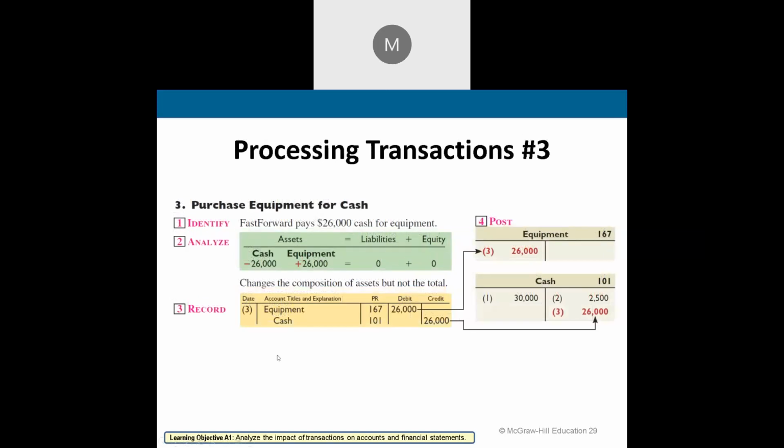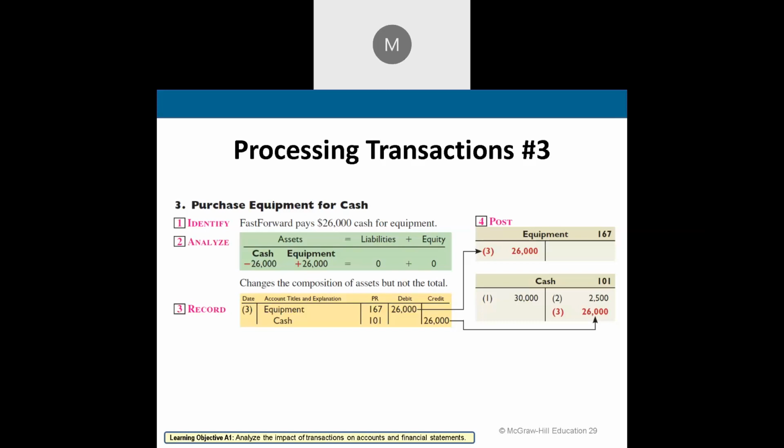Third example, equipment. The company needed to buy some equipment, so we use cash to pay for it. See the impact on the accounting equation. Cash went down, equipment went up. Yes, equipment is an asset. It is a fixed asset. The third step is to record the transaction.